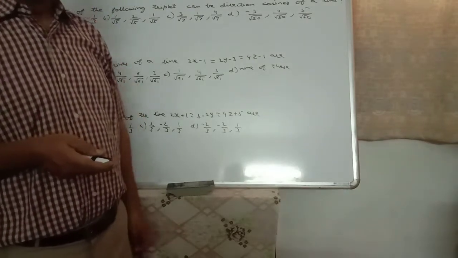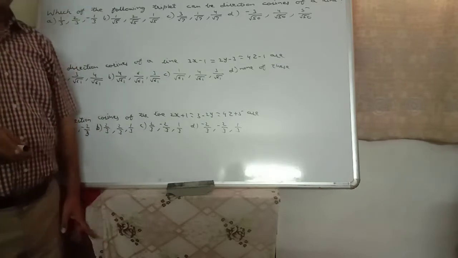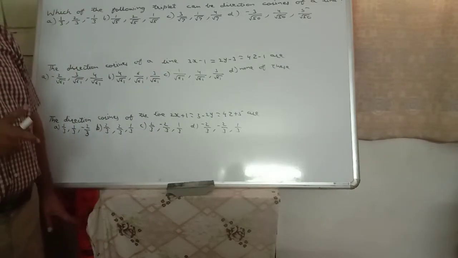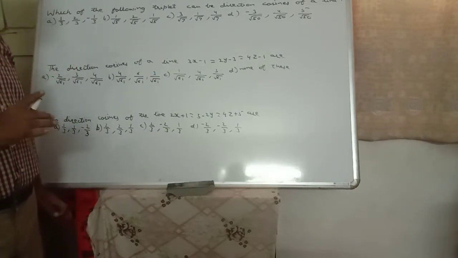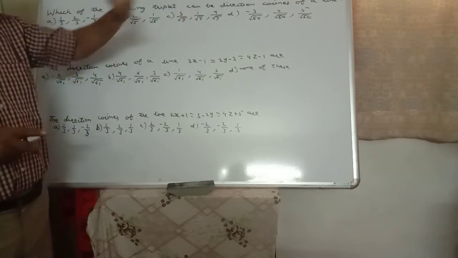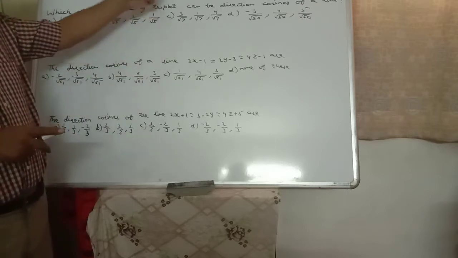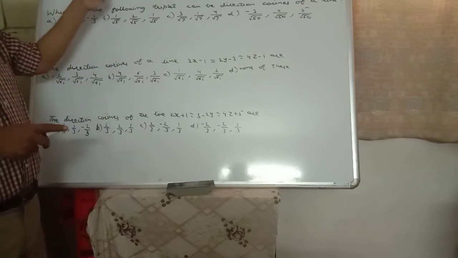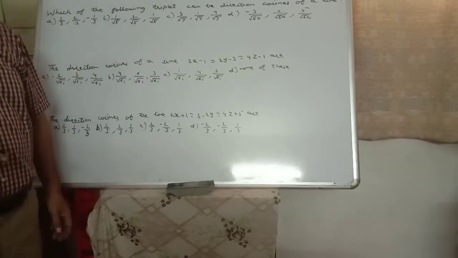We can find the angle between two lines. If the angle between two lines is 0, then the lines are either parallel or coincident. If the angle between them is not equal to 0, then the lines are intersecting.